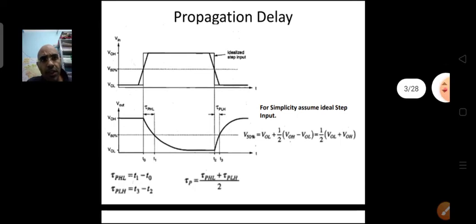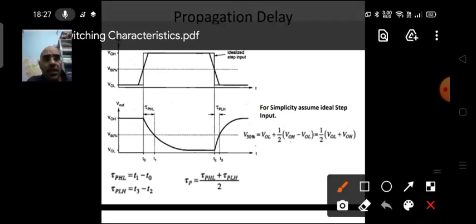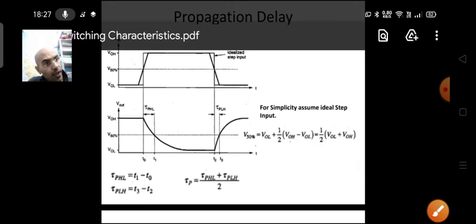So if you talk about propagation delay, in this waveform you can see the ideal waveform as well. This is your ideal waveform, the rectangular one, whereas there is the other waveform which has some slope. The first waveform does not have any rise time or fall time, whereas the second waveform has some rise time or fall time.